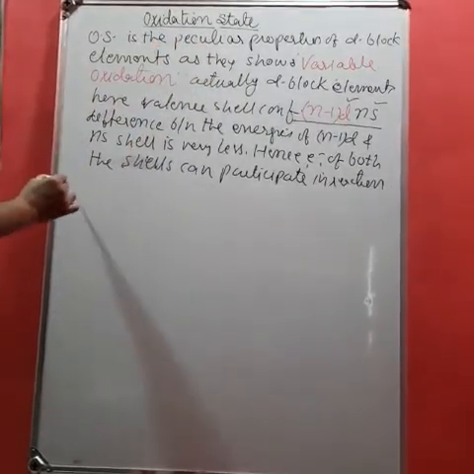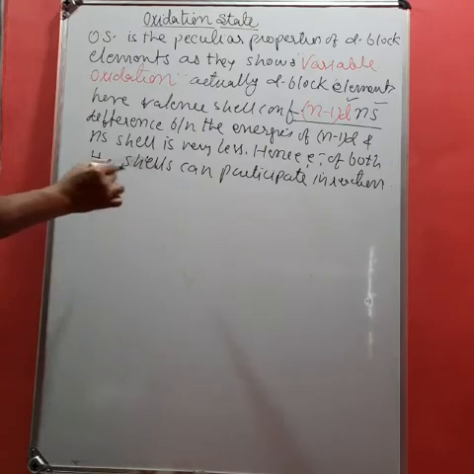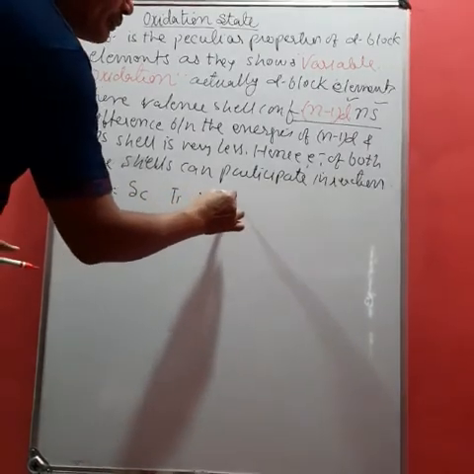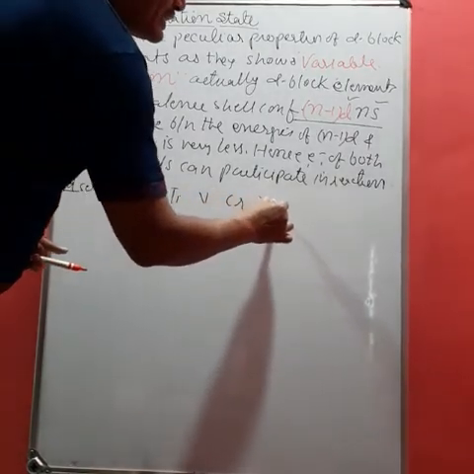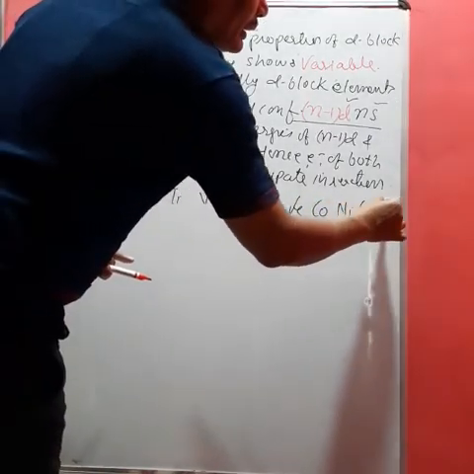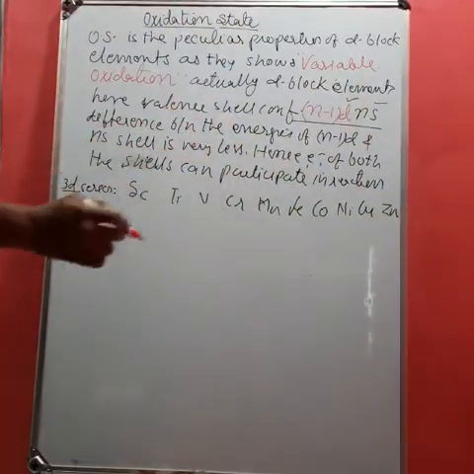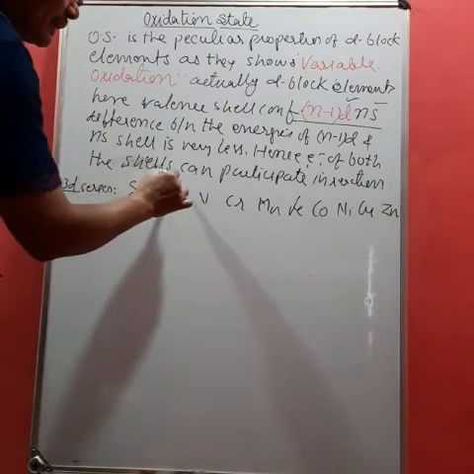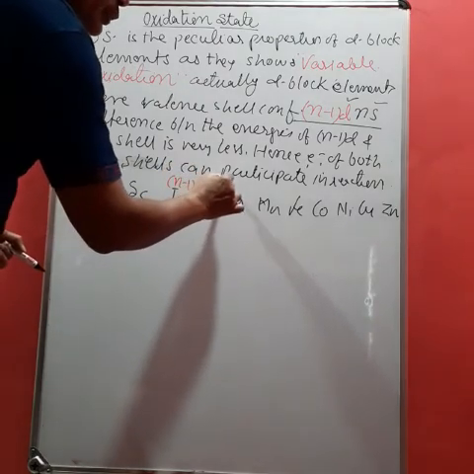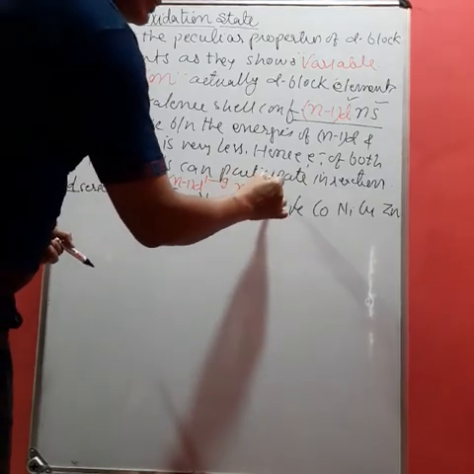Now, suppose we consider the oxidation state of the 3d series. 3d series means scandium, titanium, vanadium, chromium, manganese, iron, cobalt, nickel, copper, and the last one, zinc. In all these elements, the general configuration is (n-1)d 1 to 10 and ns 2, sometimes it is 1 also.